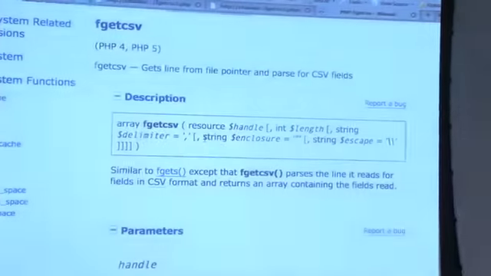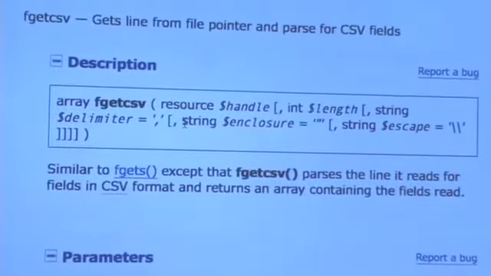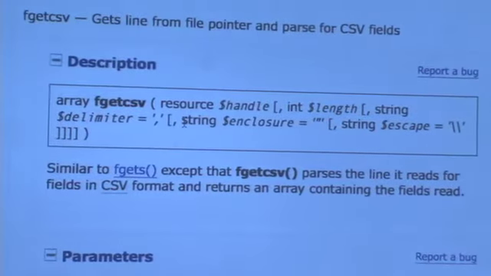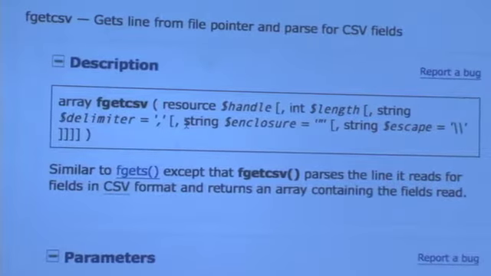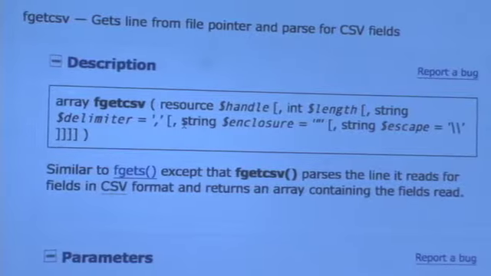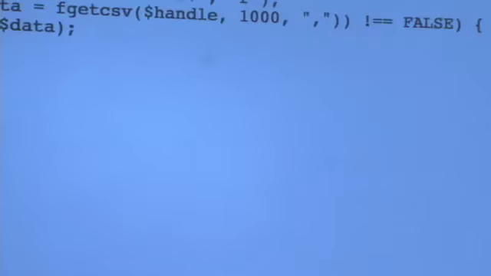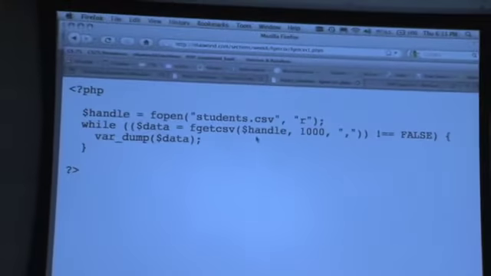Note that the length is an optional parameter. The square brackets in the documentation denote that you're not required to give it, but it is okay. And the delimiter, $delimiter, is by default a comma as indicated, but again, very optional. If you don't give it anything, it'll just split it in terms of commas, which in this case is exactly what we want.